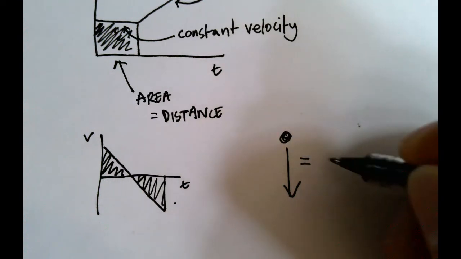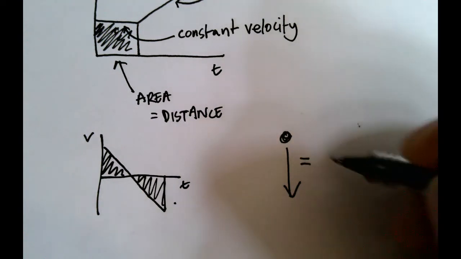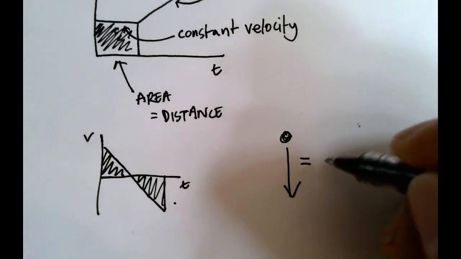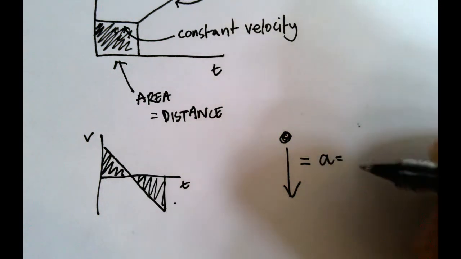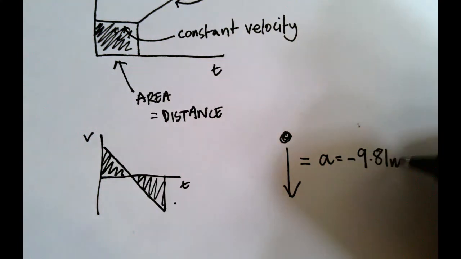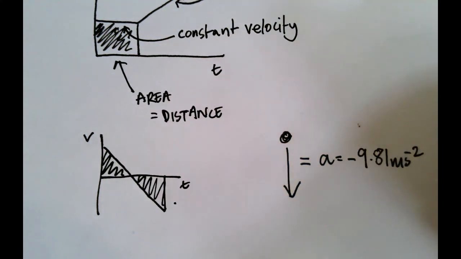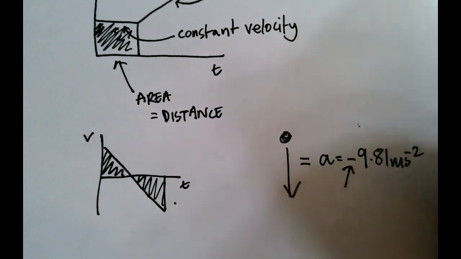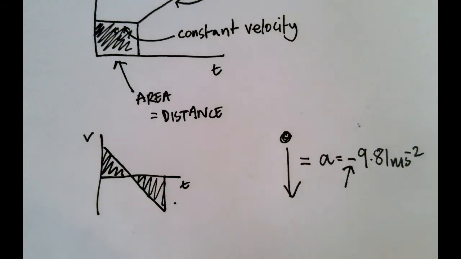The acceleration is always going to be acting downwards to increase the velocity in a negative direction, so the acceleration is always going to equal minus 9.81 meters per second squared, or little g. Key thing to note there is the minus sign, so that will tell you about your gradient.